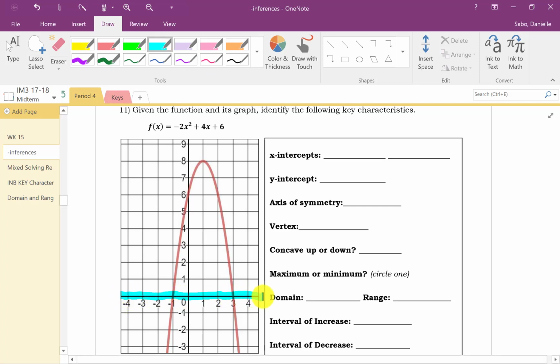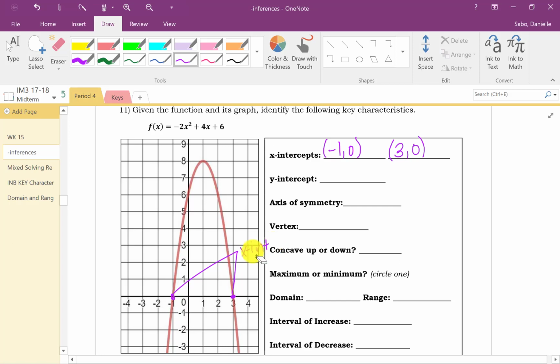So you want to make sure that you're looking at it and saying, where does that red function cross that x-axis? We are looking at -1, so -1 comma 0. And we're also looking right here at 3, so 3 comma 0. These are my x-intercepts.